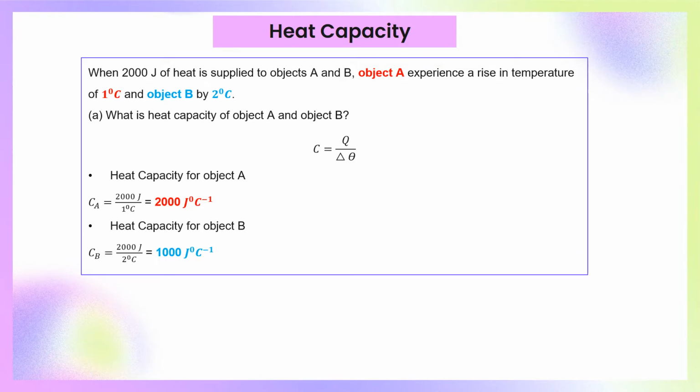So, the heat capacity for object A is 2000 joule per degree Celsius, and the heat capacity for object B is 1000 joule per degree Celsius. So in this situation, we can say that the heat capacity for object A is higher than the heat capacity for object B. So from this, we can make the conclusion that the increase in the temperature of block A is smaller than block B.